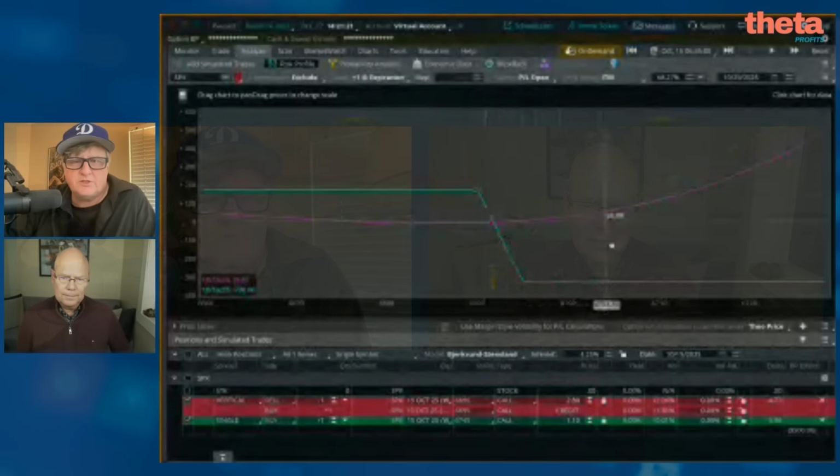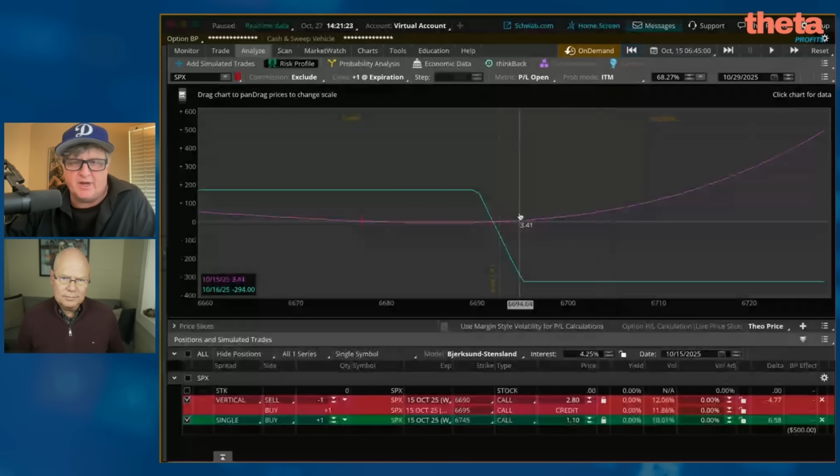So what is the worst that can happen with this way of trading? So let's look at the risk graph on Thinkorswim again real quick. The worst thing that can happen on this trade is that when we put the initial position on, the credit spread and the hedge, which you can put on super quickly within 20 seconds of each other or less, the SPX just sits there and does nothing.